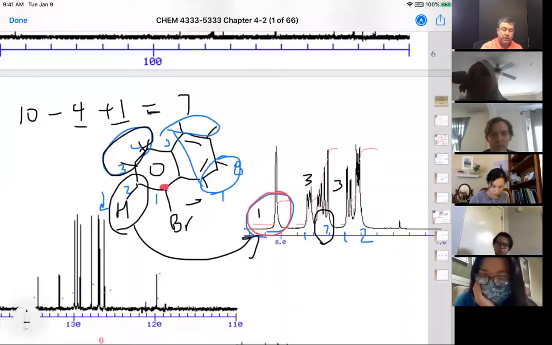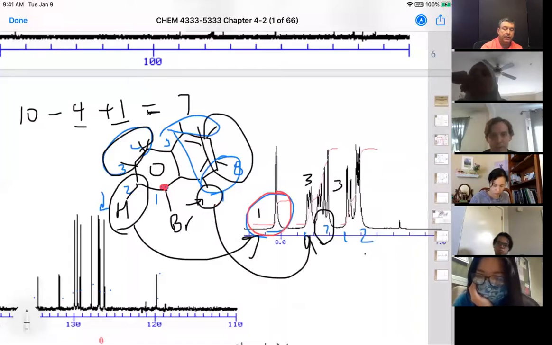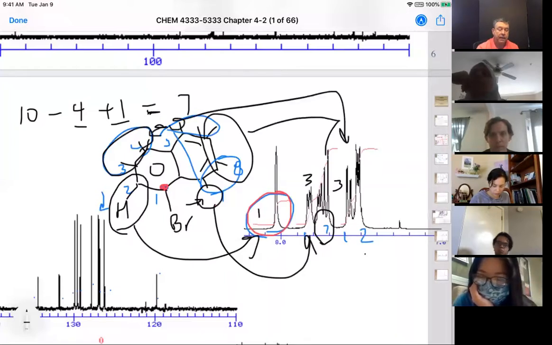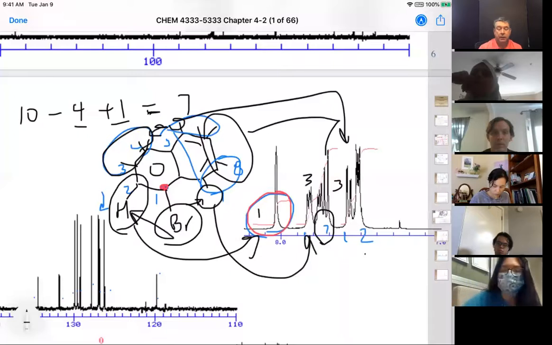This hydrogen might be a little different because of through space interaction, so that could be one of these peaks here. Then we have these, and this actually has interaction with that hydrogen, so this would be our other. Yeah, I think you're right. I think you've convinced me. The bromine has to be in that one position where it's only influencing 1 hydrogen, and if it's only influencing 1 hydrogen, it's consistent with our proton NMR.